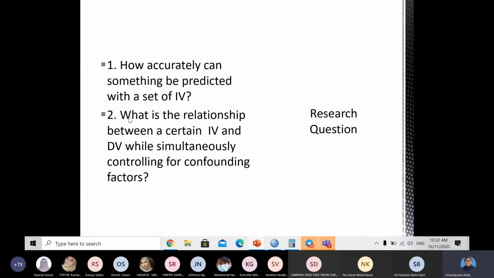Number two, maybe your research question can be like this: what is the relationship between a certain IV and DV while simultaneously controlling for confounding risk factors?